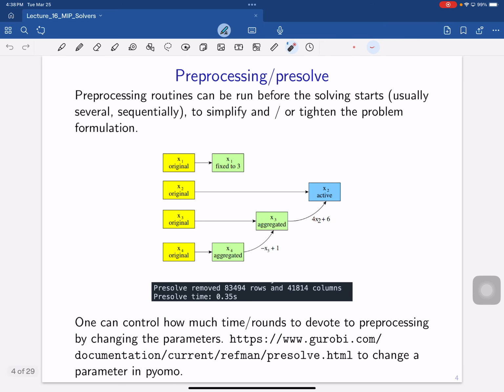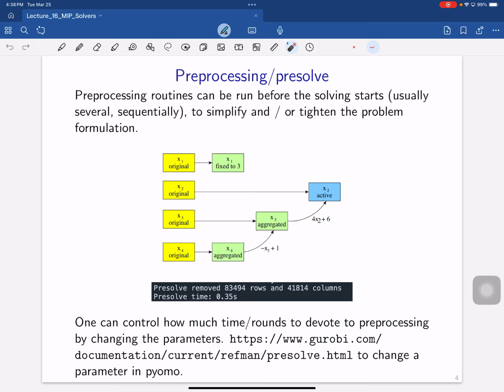Now, let's talk about pre-processing or pre-solve. We didn't even talk about that in the algorithmic part, right? So the idea of pre-processing is that you have, let's say, a linear program, or a mixed integer linear program. Maybe the way you formulate the problem is not perfect, meaning that you may have some redundant variables or redundant constraints, right?